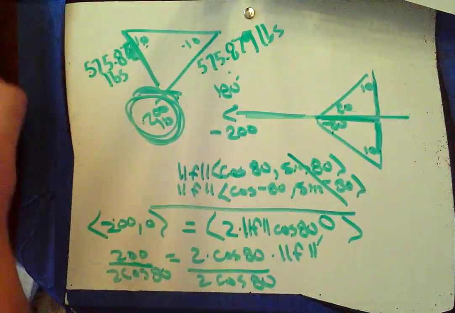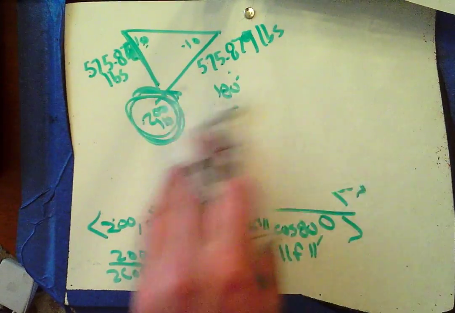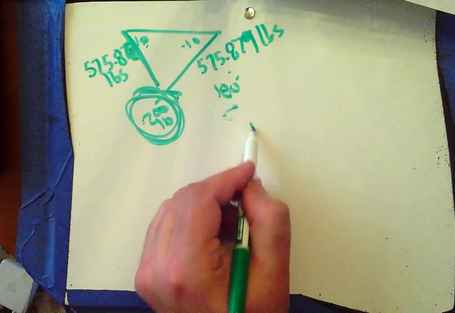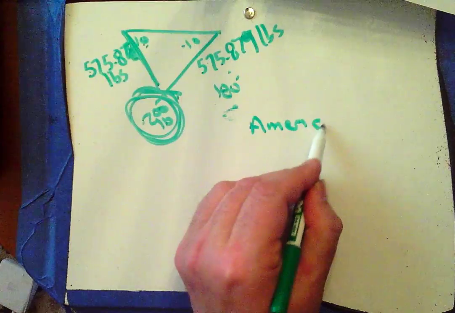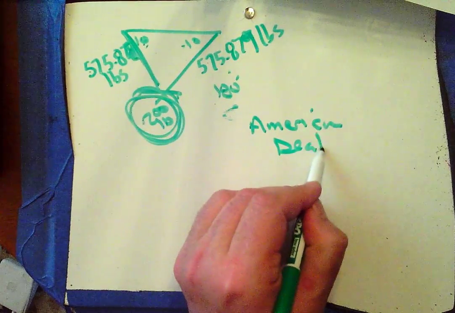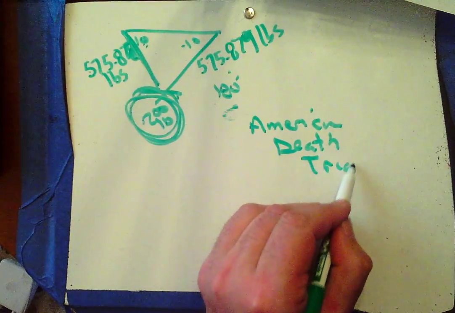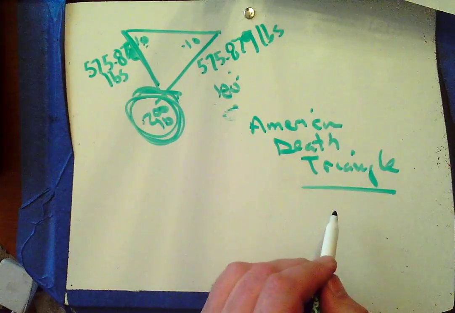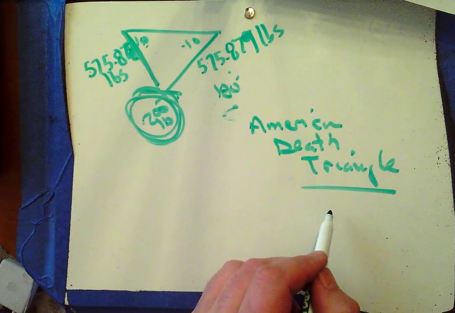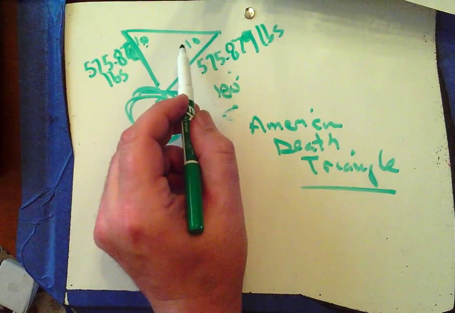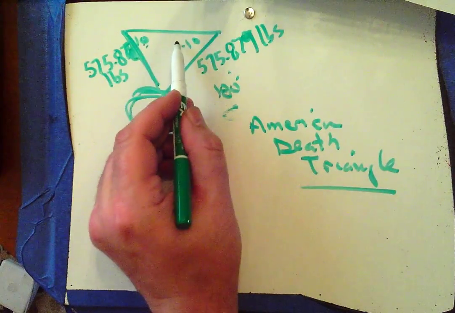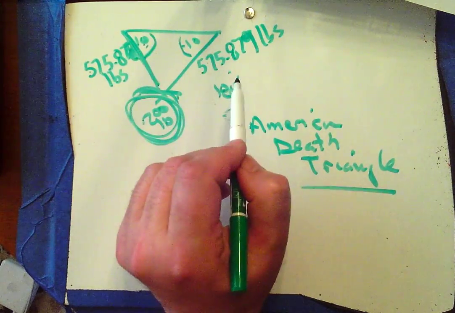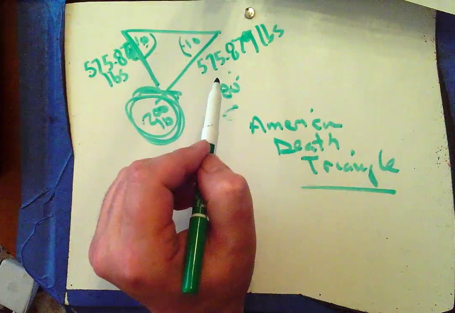And so, what we have here actually has a name. This is called the American Death Triangle. You can Google it if you'd like to see. The American Death Triangle says you really will get into huge trouble if you make these angles small.